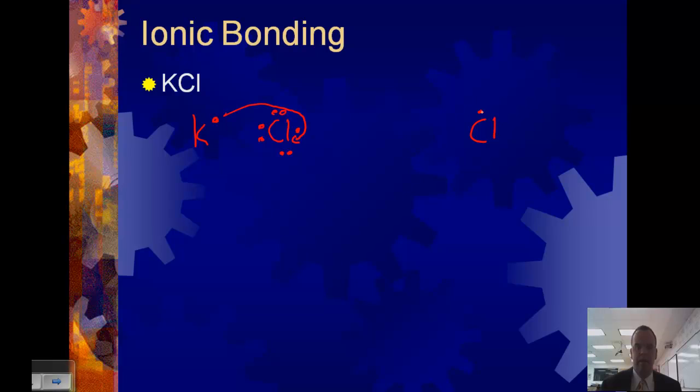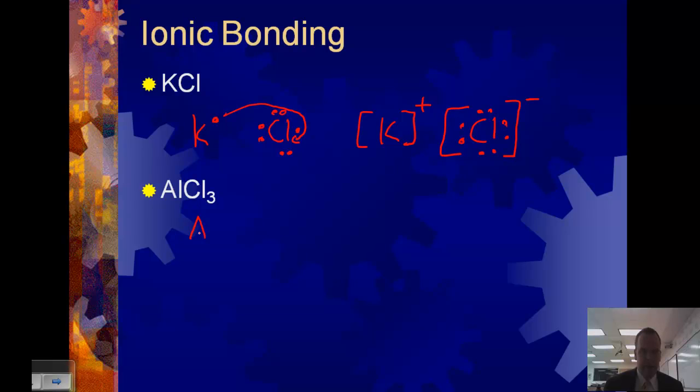So we end up with chlorine with 8 dots, and since it has 1 additional electron, it has a charge of -1. Potassium has lost its dots, so it has no dots around it. It is +1. But no dots is really the same thing as 8, because potassium, when it loses its valence electron, becomes just like argon, which has 8 valence electrons. So they're stable, and we write the ionic dot structure like that.